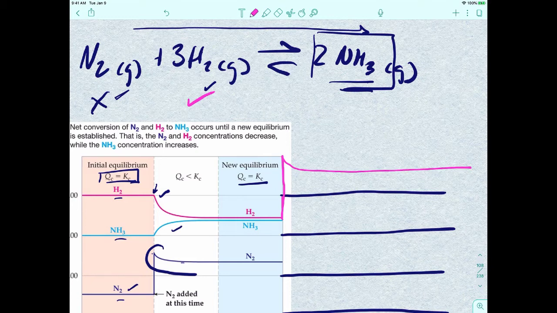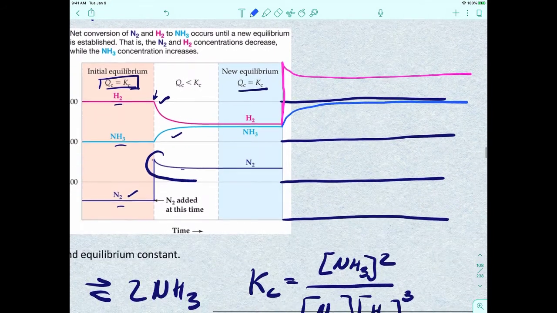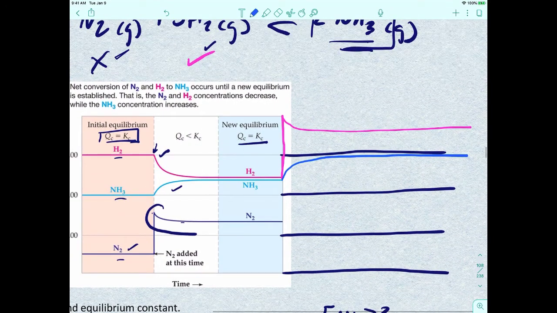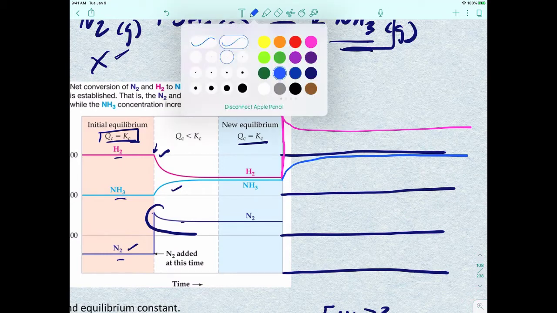We should see that the concentration of NH3 is going to increase until it levels off again. What we're going to see with N2 is that concentration is going to go down.